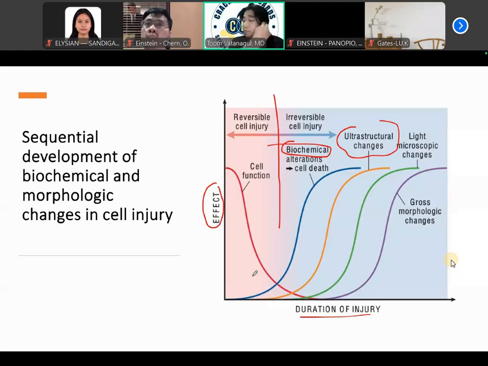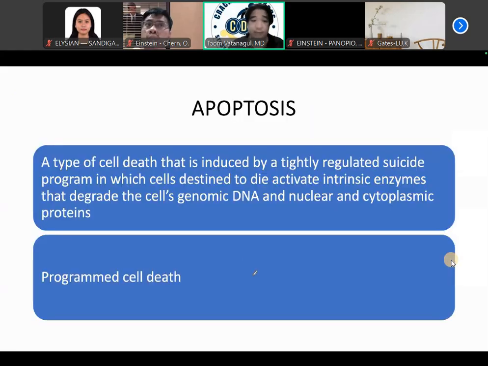Now, I made a table in your handouts differentiating the reversible and irreversible cellular changes. I want you to read on that. Now, let's highlight apoptosis. This is a specific type of cellular death that has what we call a well-regulated suicide program.